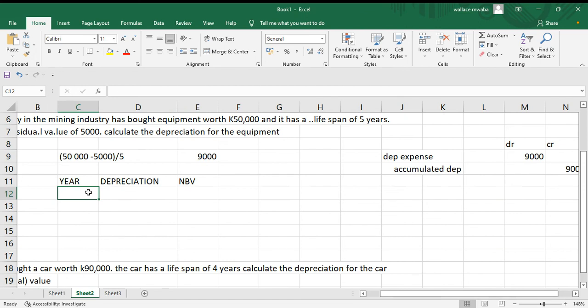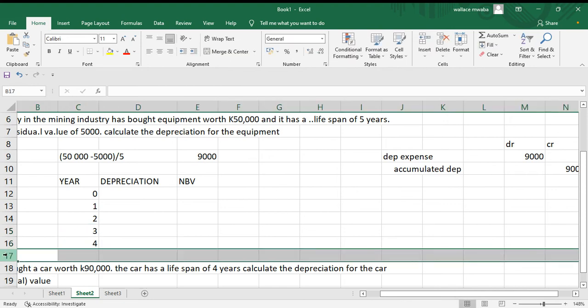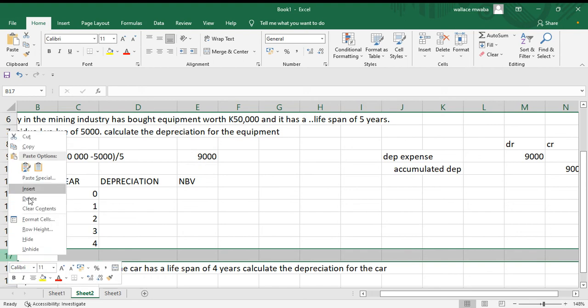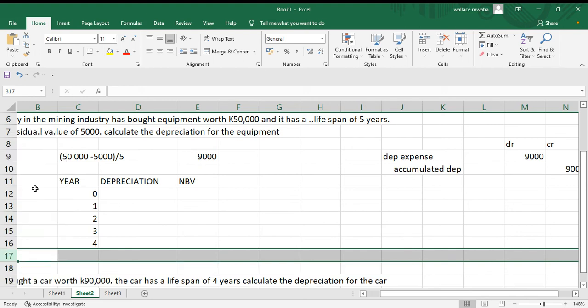So we're going to say year 0, year 1, year 2, year 3, year 4, finally year 5.